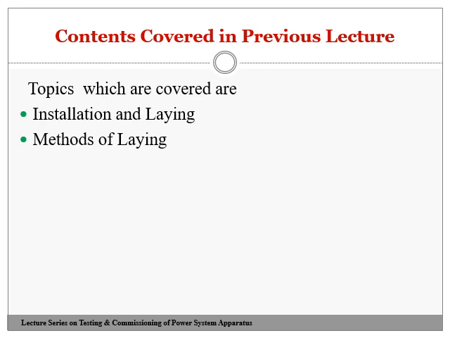Then afterwards, you have seen the different types of laying, that may be the direct laying in the ground, direct laying in the ducts, or in the racks, and inside the tunnel, as well as along the building structure. Therefore, these many types of laying we have seen.